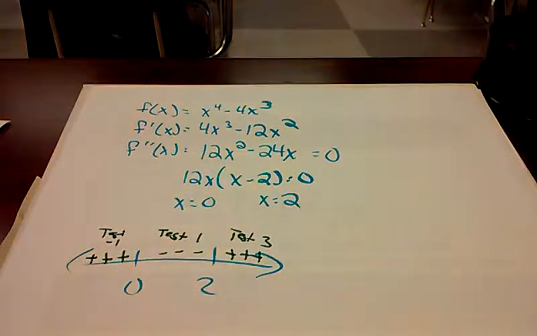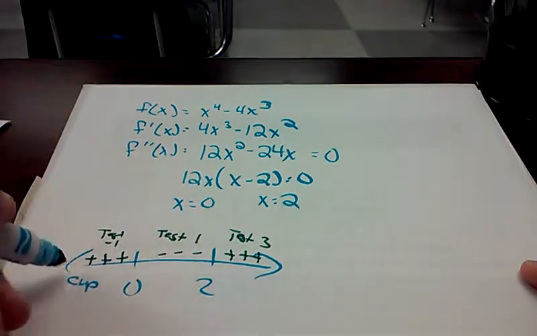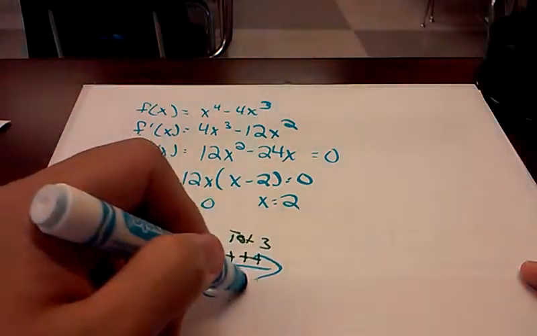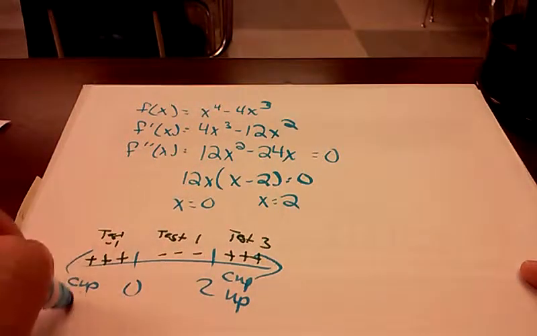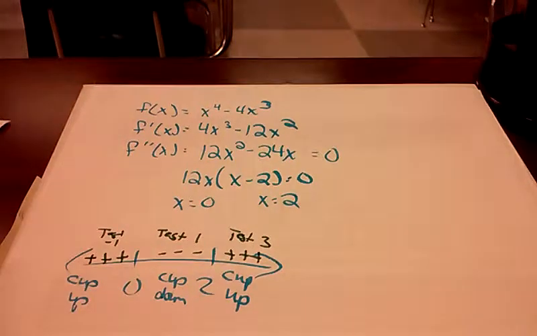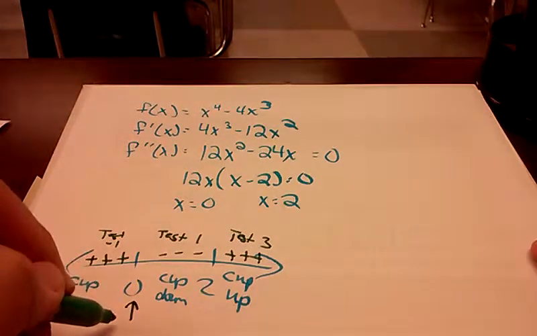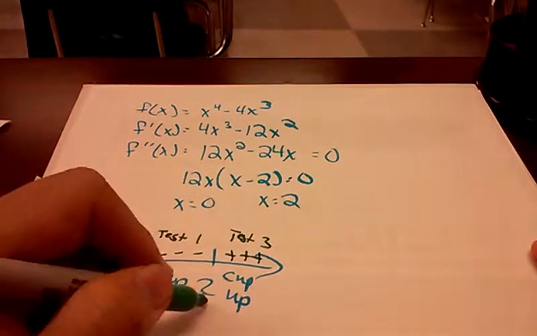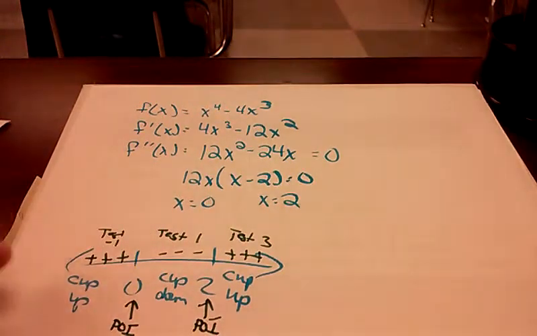And so what this tells me is that this function is cup up from negative infinity to 0 and from 2 to infinity, and it's cup down from 0 to 2, and also there are POIs, points of inflection, at 0 and at 2, because notice the second derivative changes sign.